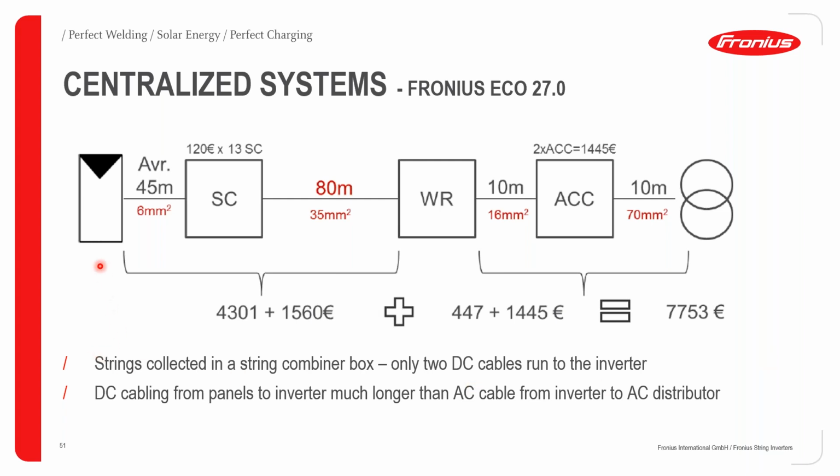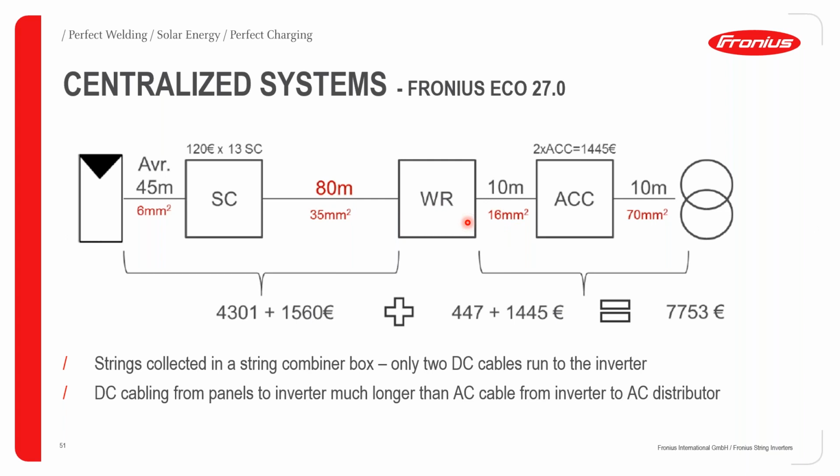And we can see here from the PV side, we have a connection distance of about 45 meters to the string combiner box. In this case, because we have all the inverters collected at one point, we are going to run, as already explained by my colleague Cyprian, from the combiner boxes on the DC side with a longer distance of DC cable to the inverter. So we have a relatively longer distance from the DC combiner box to the inverter, covering about 80 meters.